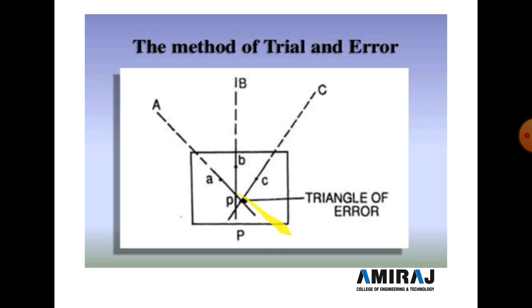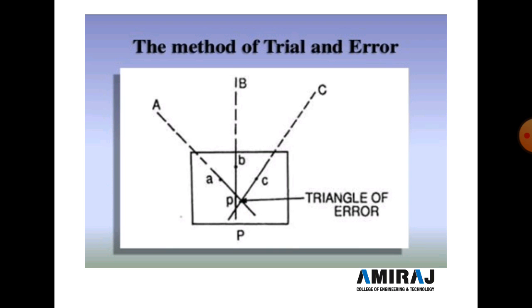If these three lines are not intersecting at any point, it means the plane table is moved, and then the lines are drawn repeatedly, until the point where all three lines intersect at a single point. So this point is perfectly marked on the ground. So this is the trial and error method.